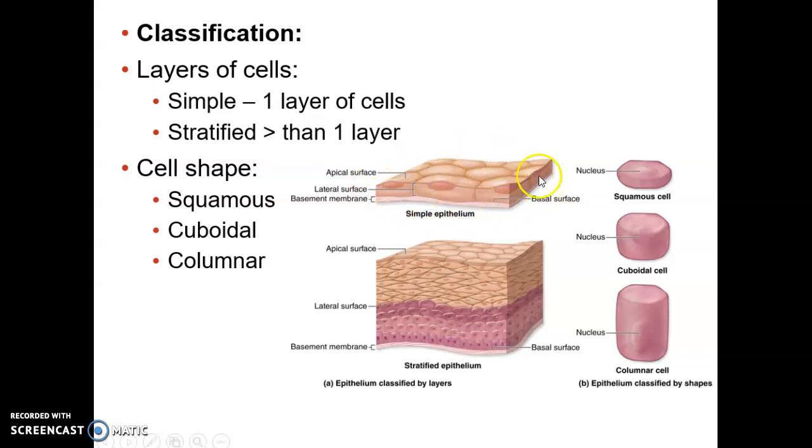This is an enlarged view of a simple, one layer thick, squamous epithelium. This one down here would be a stratified squamous epithelium. It's a little hard to see, but these top apical cells are flattened. These are cuboidal, but they're not on the apical top surface. So this is a stratified squamous epithelium.